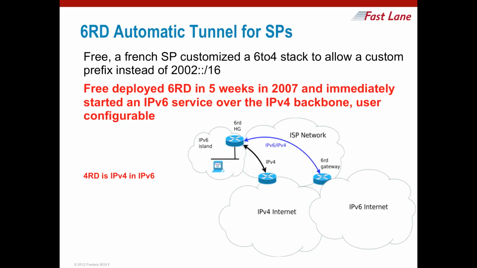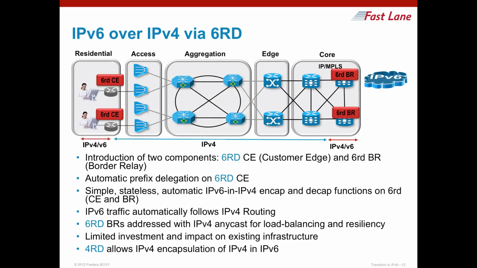This way it was possible to deploy a service and to deploy a 6RD gateway, or relay, which permits access to the IPv6 internet, and the return path is also controlled because the prefix is unique for the service provider.